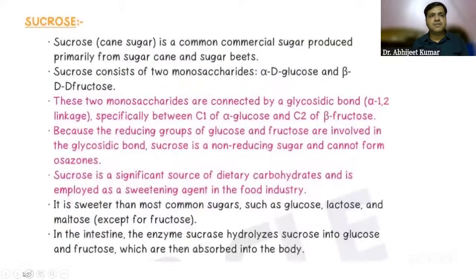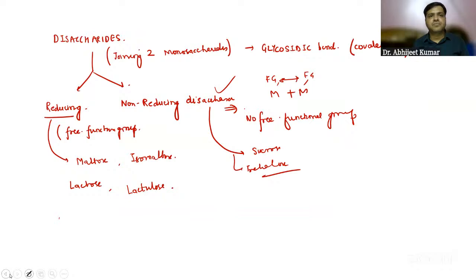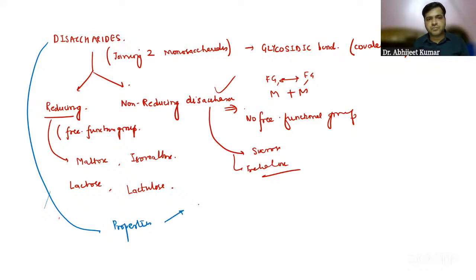If I just want to summarize disaccharide properties, one thing you can remember is reducing and non-reducing, right? And guys, remember, they are also soluble in water. Solubility may vary depending on the specific sugars, but yes.